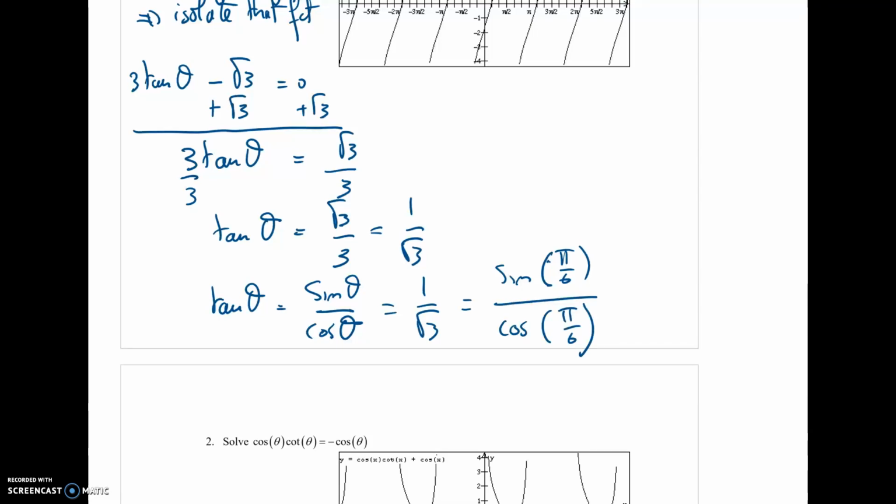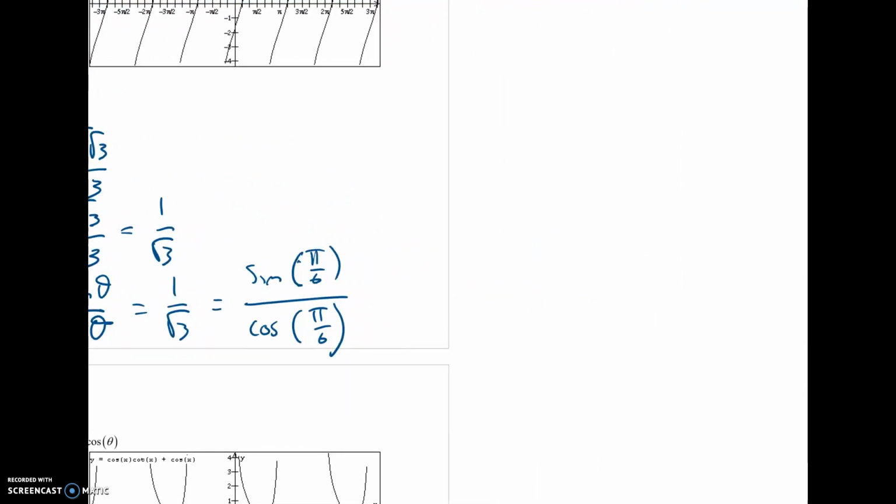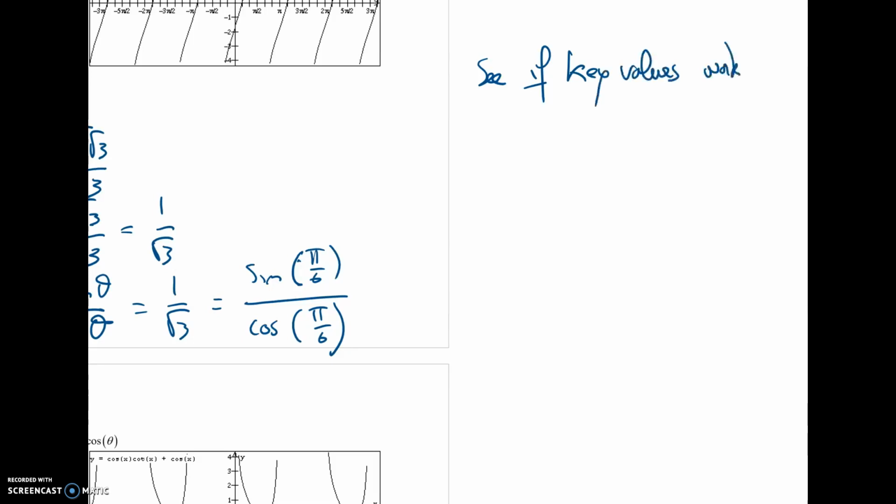That will give me 1 over square root of 3. There are other values. See if key values work. You will see that theta equal pi over 6 will work, of course, but 7 pi over 6 also, 13 pi over 6, 19 pi over 6, etc.